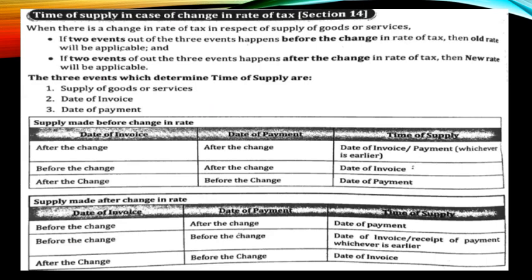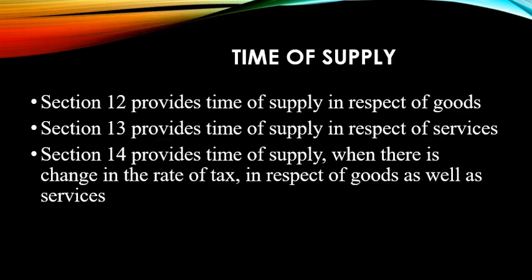So thank you everyone. The next concept we are going to study is time of supply in case of change in rate of tax, section 14. In the initial pages of the slide, I explained section 12 and section 13, that is in respect of goods and services.